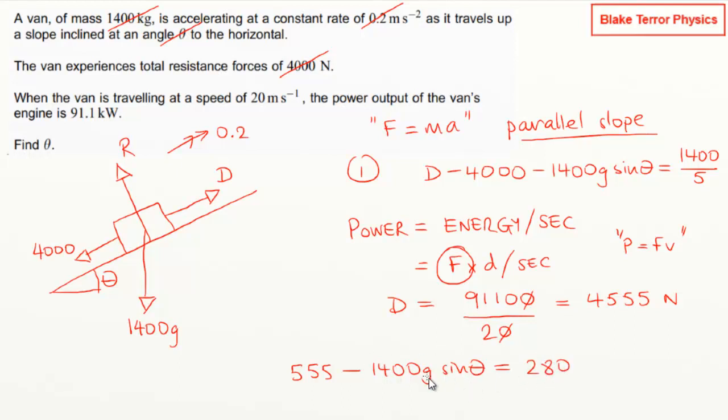So just rearranging all of this, we are going to get that sine theta is 555 minus 280, so 275, divided by 1400 g. So we just need to do inverse sine of that, and it will give us what theta is. So tapping all of that into the calculator, we get theta is 1.147, so let's say 1.15 degrees.